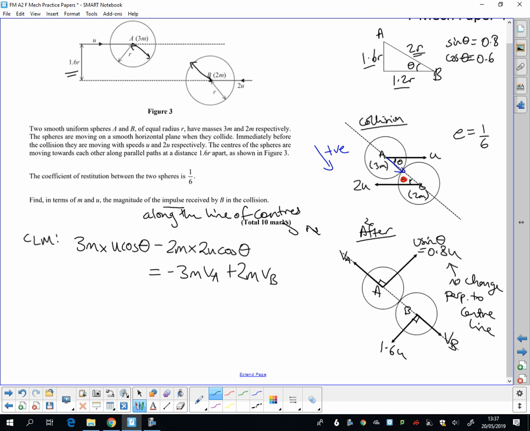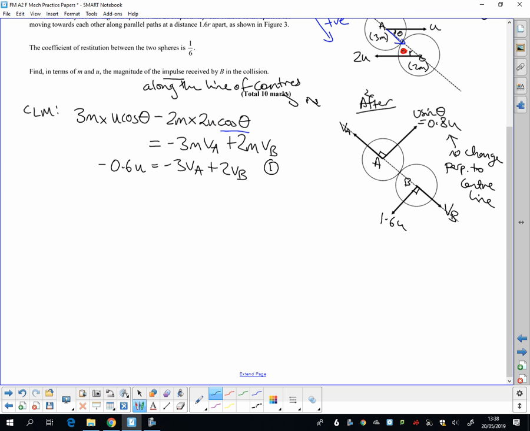And if you put in all your numbers, so you see I've worked out cos theta was 0.6 up here, you can simplify all that down. So negative 0.6u is negative 3 times VA plus 2 times VB. So that's going to be my first equation. The other thing we always look at, and this is going to be along the line of centres, is our coefficient of restitution, which in this case is a sixth.